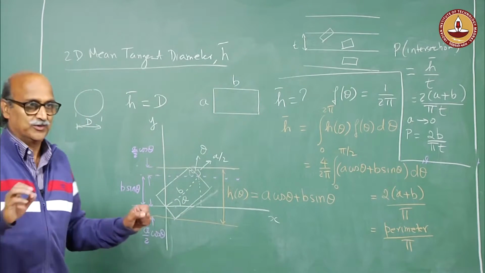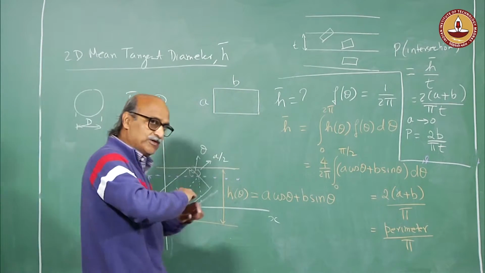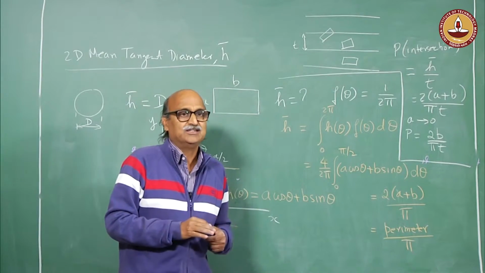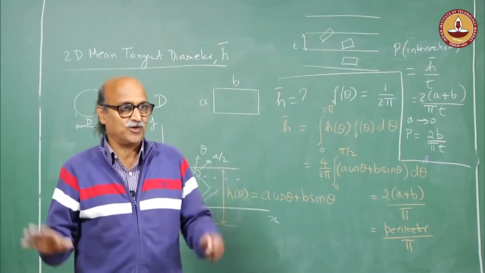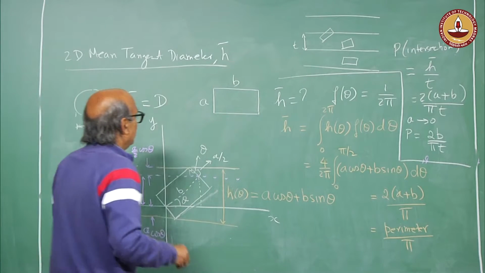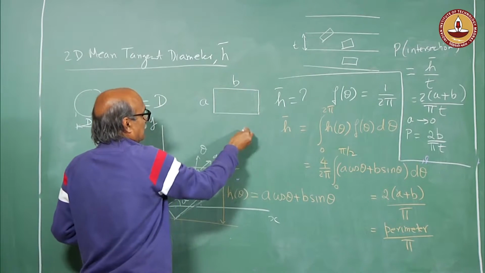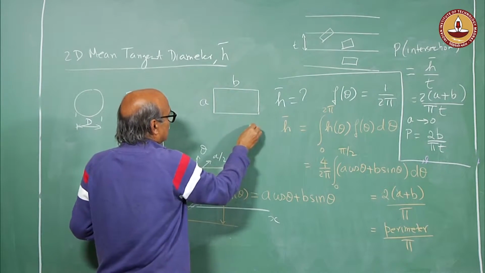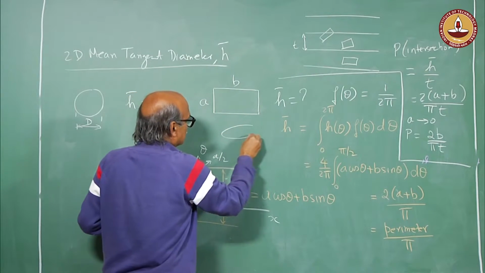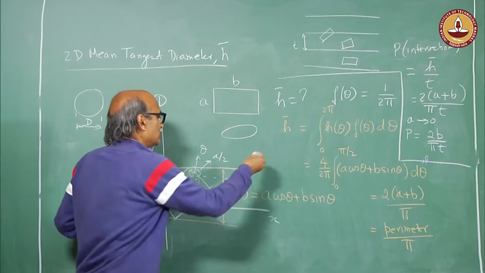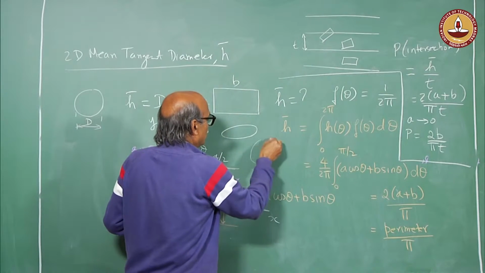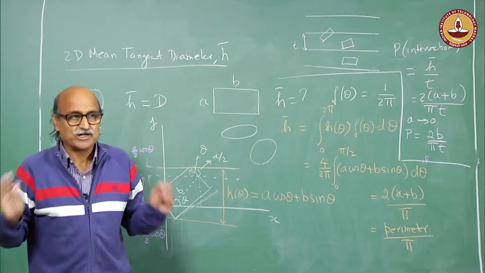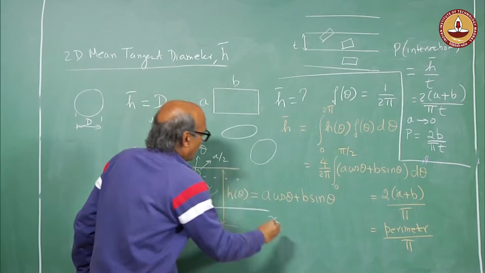It turns out, and we can prove it in a very general case, that for any convex object, this object need not be a rectangle. It could have been, for example, an ellipse, or any other object as long as it is a convex object.